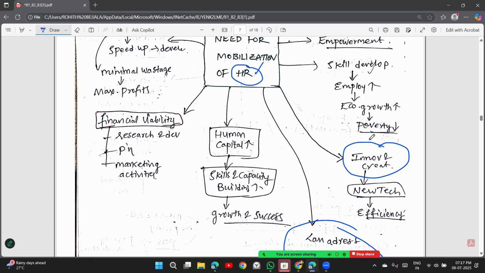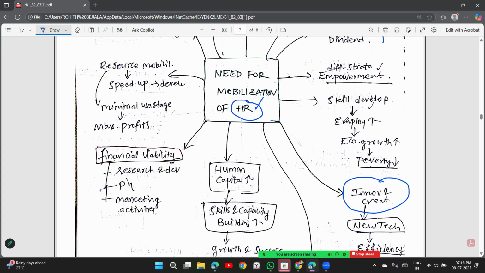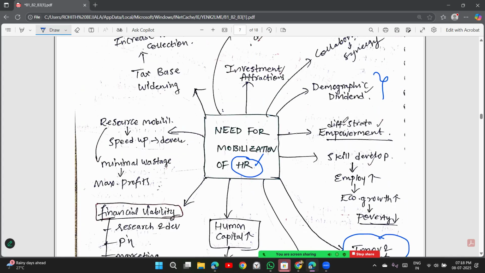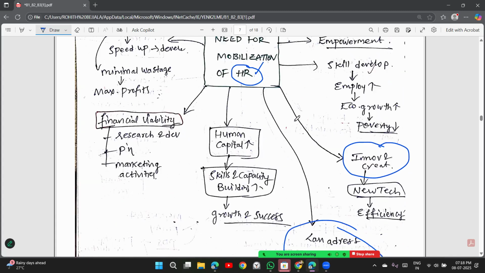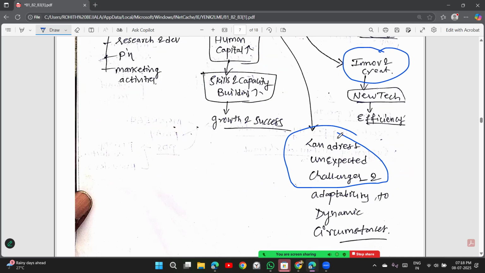There are different companies now: Jio, Airtel, BSNL, Idea, etc. If there is no proper mobilization of human resources, then it will compromise the ability of the people. If the human resources are utilized well, then we can address unexpected changes.